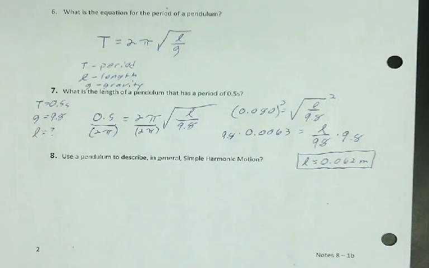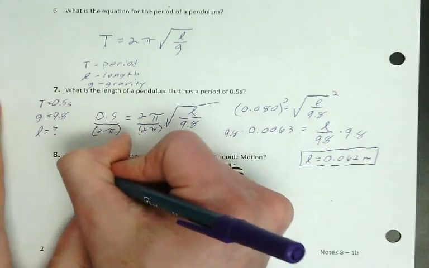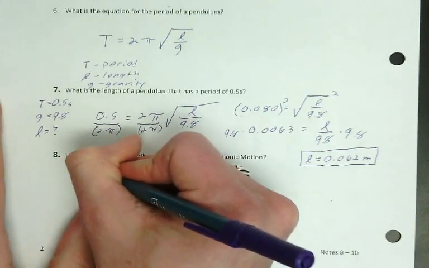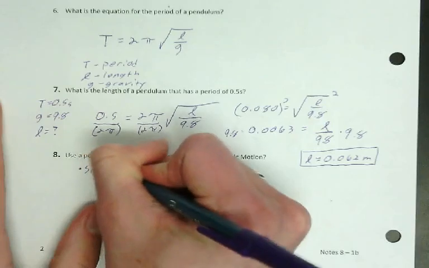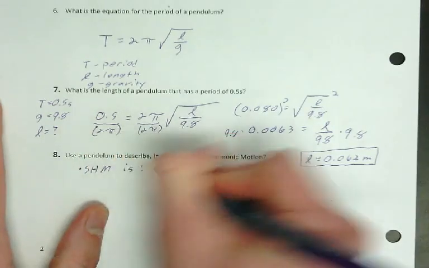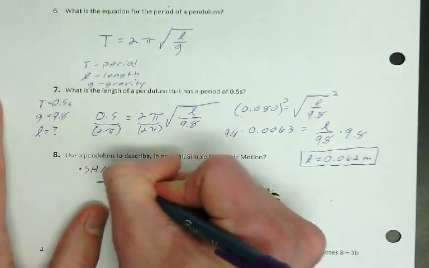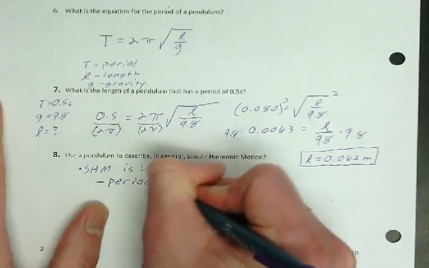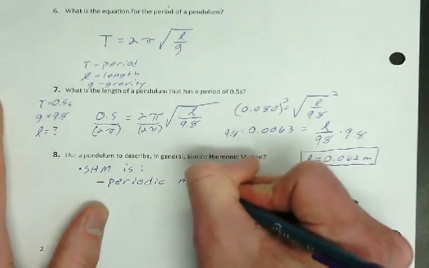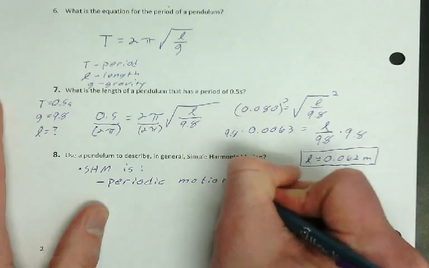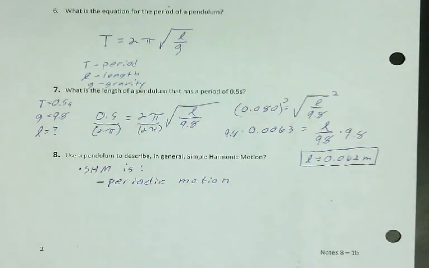First of all, a pendulum is periodic. So simple harmonic motion is periodic, which means it takes the same time over and over again, every time you do it.